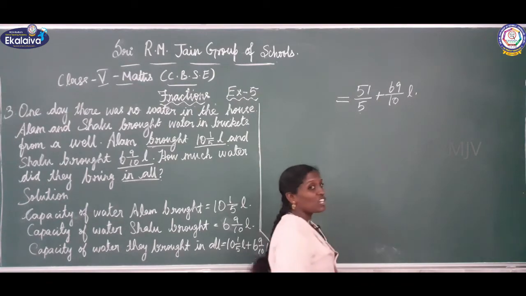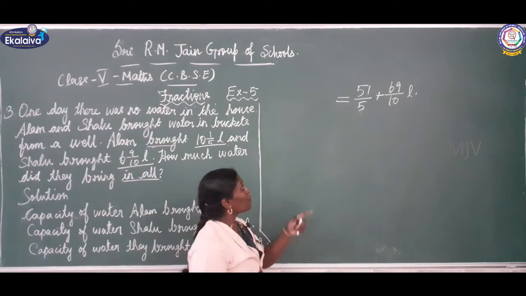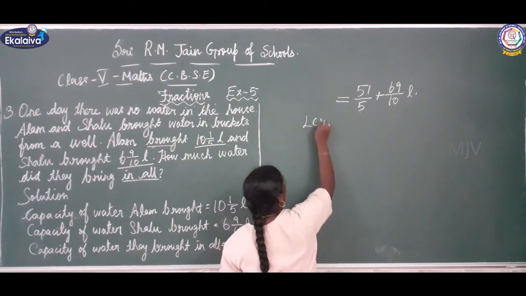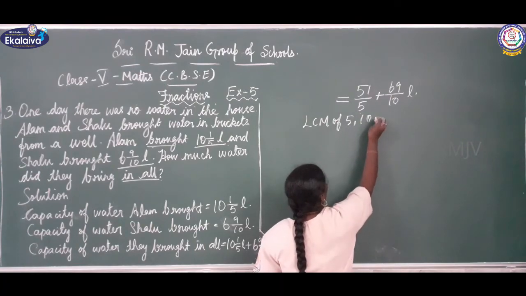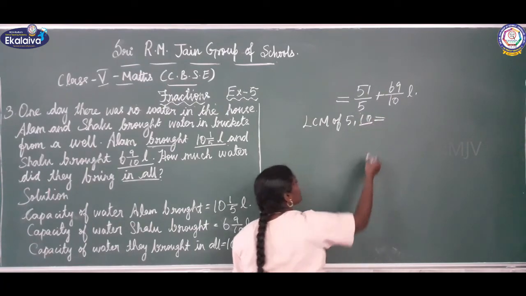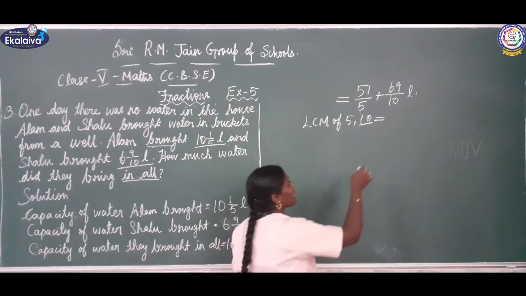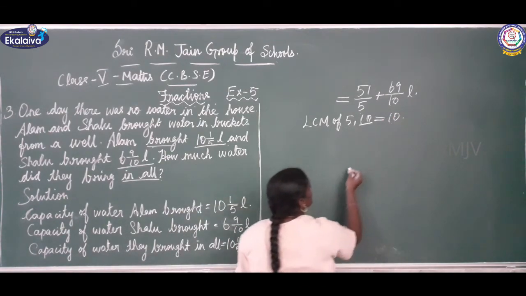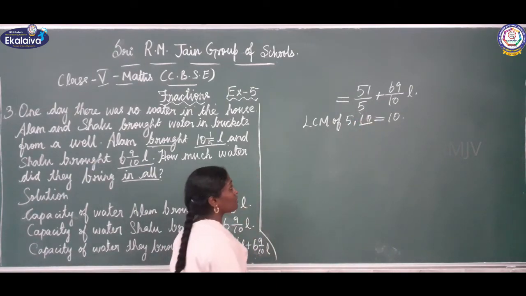Now these two fractions are unlike fractions, so we have to convert them into like fractions by finding the LCM of the denominator numbers. So LCM of 5 and 10. Here see the number 10. 10 is a multiple of 5. So we can take 10 as the LCM. So now we have to convert the first fraction alone with the denominator 10.